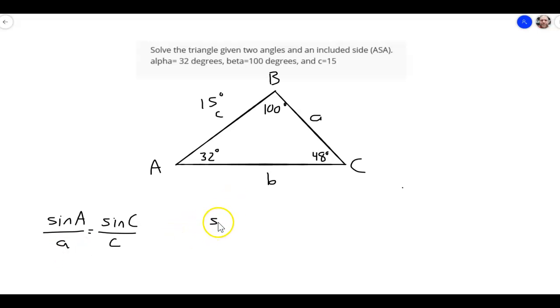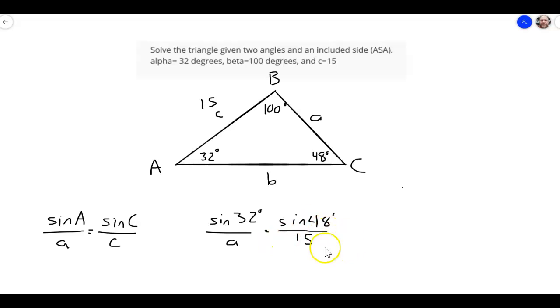So I can say the sine of big A, which is 32 degrees, over little a, which is my unknown, is equal to the sine of big C, which is 48 degrees, over the sine of little c, which is, oh, that shouldn't be 15 degrees there, that should just be a 15. Sine of little c, which is 15.